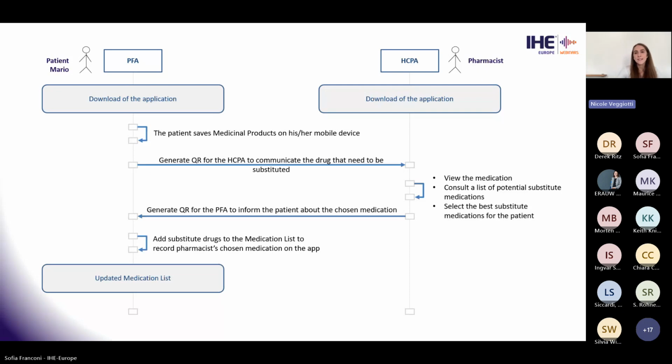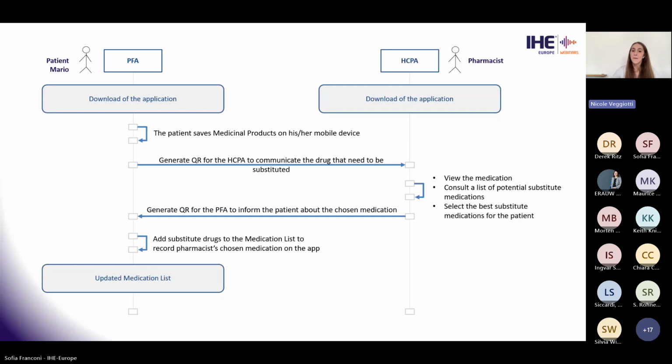He is able to generate the QR code for the healthcare provider app to communicate the drug that needs to be substituted. At this point, the pharmacist with the healthcare provider application is able to view the medication, consult a list of potential substitute medication, and select the best substitute medication for the patient.